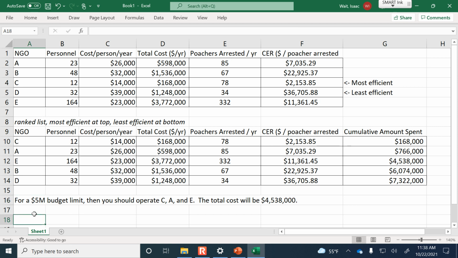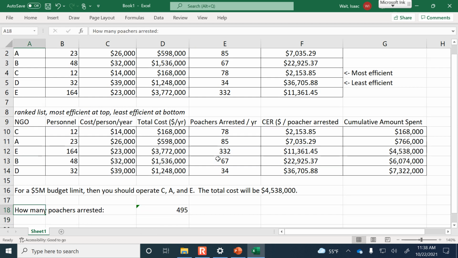So how many poachers will be arrested? It will be the three organizations that are going, the sum of these three amounts. So 495.